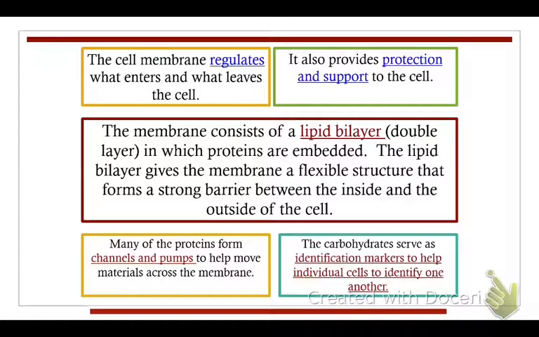And the carbohydrates, which I think I forgot to point out in the first picture. I apologize. Those carbohydrates are the little chains that you see hanging off the picture that we labeled earlier. Those are really important because they're identification markers to help individual cells identify one another. So your immune system doesn't just go, oh, I'm going to kill off all these cells.